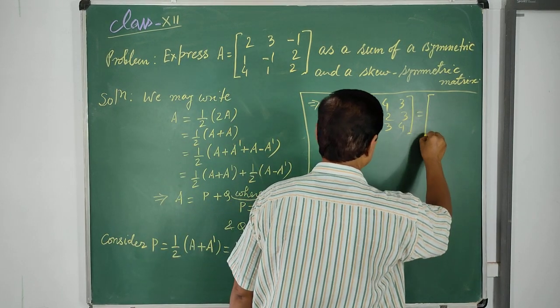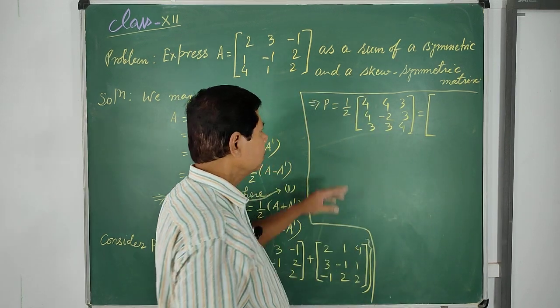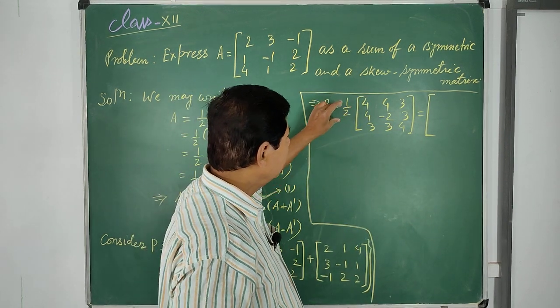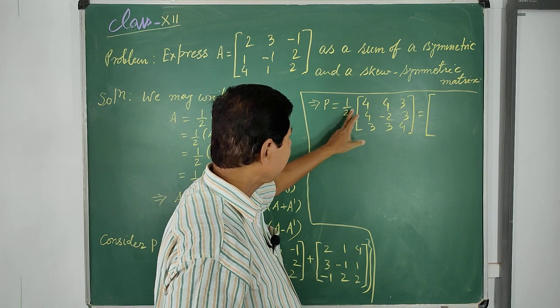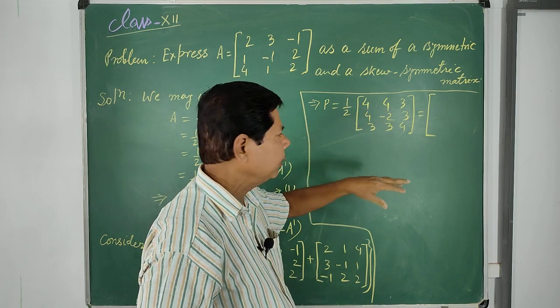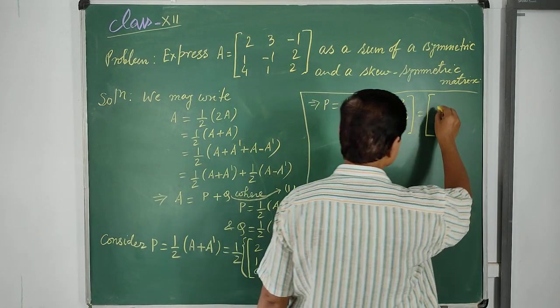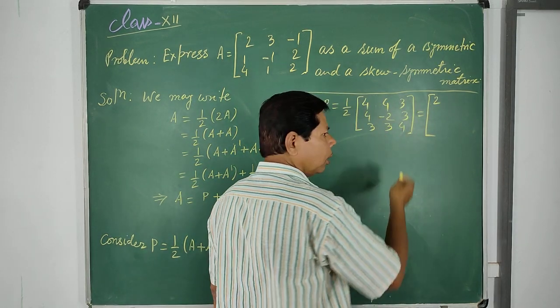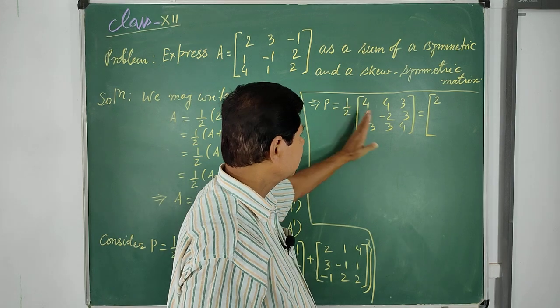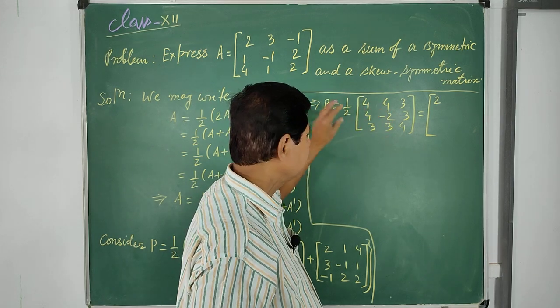Calculate it, divide it by 2, because we are to multiply half to each and every element of this. So half into 4 equal to 2. This is the scalar product of a matrix. This is a scalar, this is a matrix. So every element is to be multiplied.